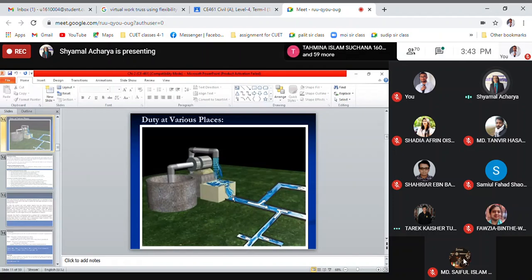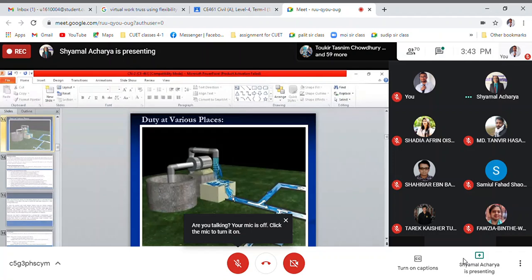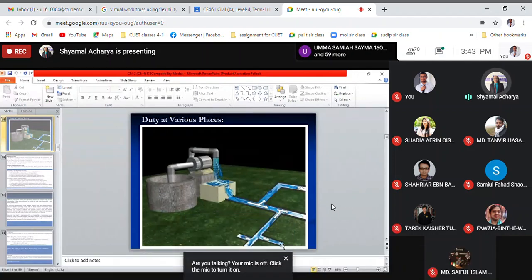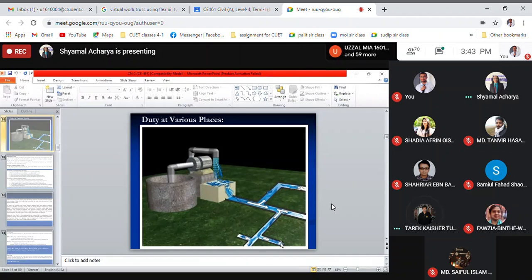What is your prediction? What is your idea? You will get maximum duty here, or you will get maximum duty here. Sir, maybe at the starting point duty will be more. Okay.